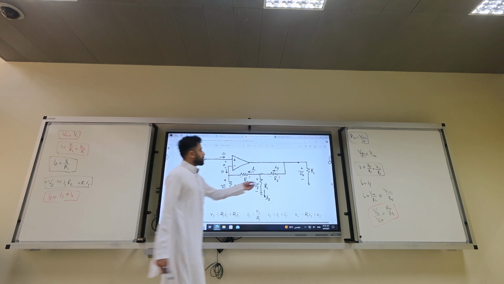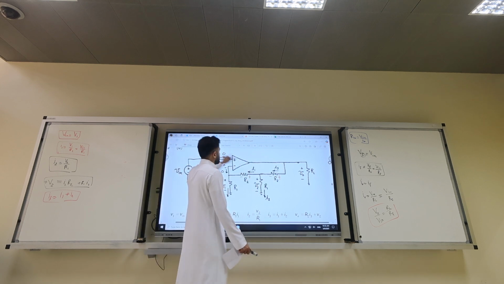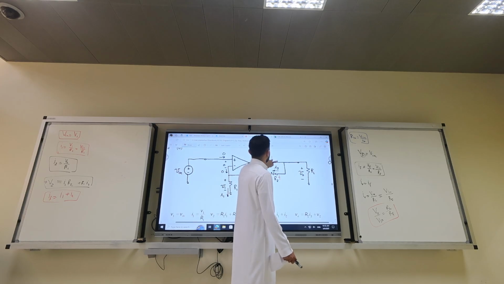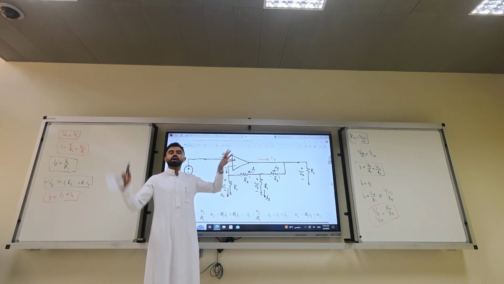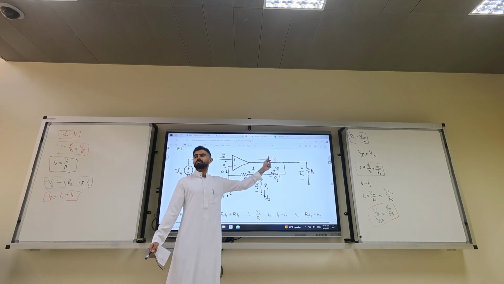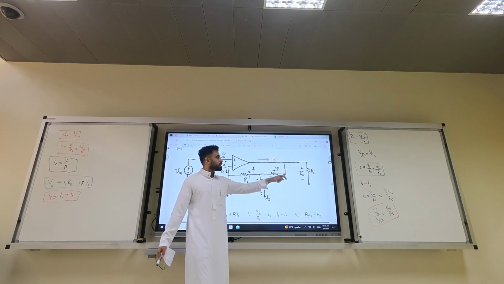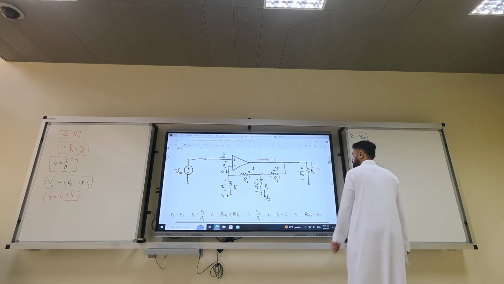Again, we have I3. Here what do we have? What did we call it? IX. IX is the one that makes the speakers work. This one we don't like because it's hard to calculate. And here what do we have? I out. Get it?